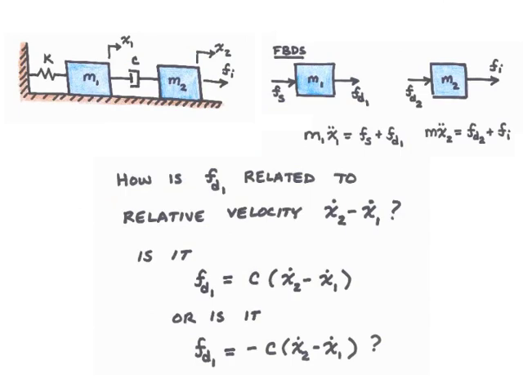There are two possible ways in which FD1 is related to the relative velocity x2 dot minus x1 dot. One is FD1 equals c times x2 dot minus x1 dot, and the other is FD1 equals minus c times x2 dot minus x1 dot. Which of these two possibilities is correct?